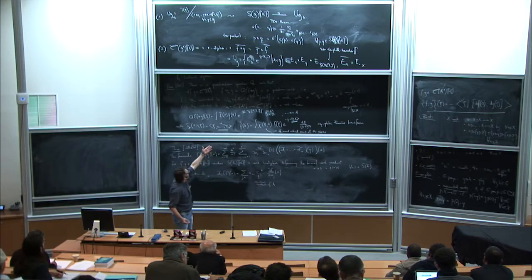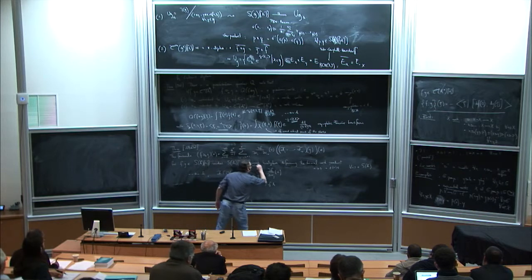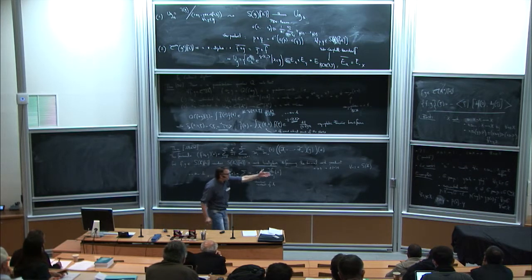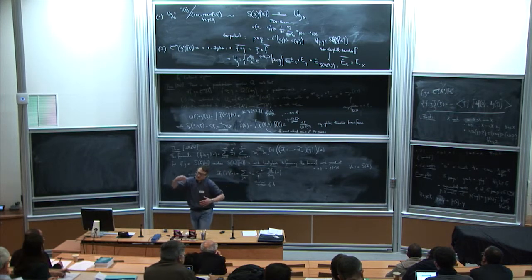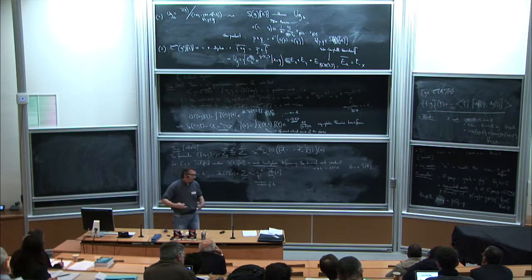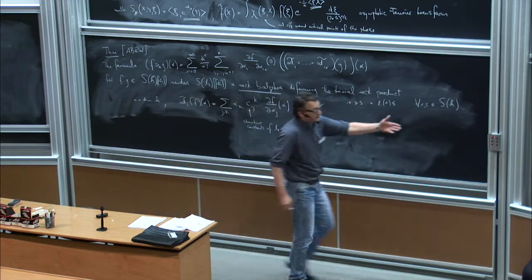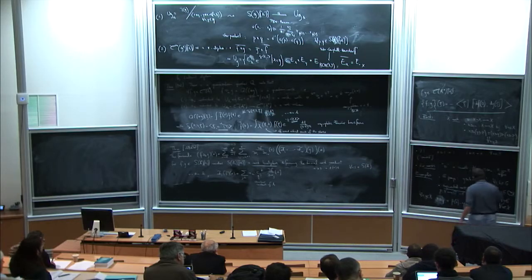Here, for example, rack bialgebras are a linearized version of a rack, and then you have an augmented analog, which are augmented rack bialgebras, which you can easily imagine.